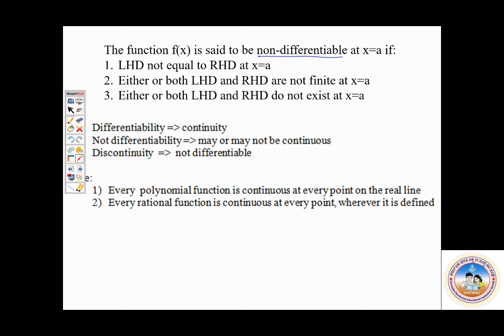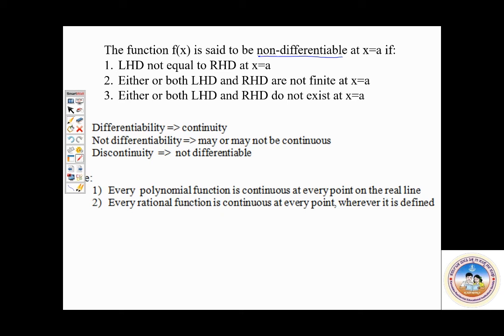Differentiability implies continuity, that is, if a function is differentiable at a point, you need not verify continuity, yes it is continuous. If a function is not differentiable, it may or may not be continuous. Next, discontinuity implies it is non-differentiable. If a function is discontinuous, immediately conclude that it is not differentiable. Next, every polynomial function is continuous at every point on the real line.